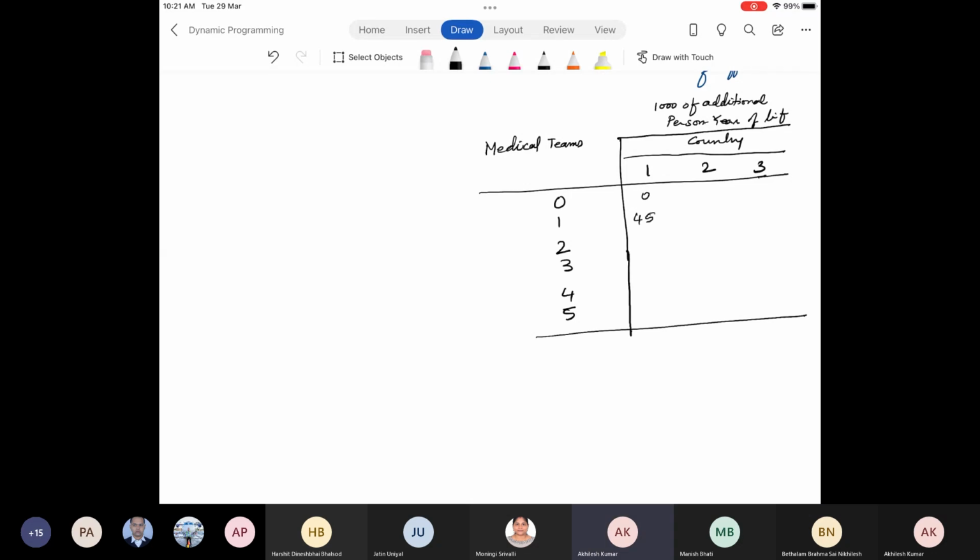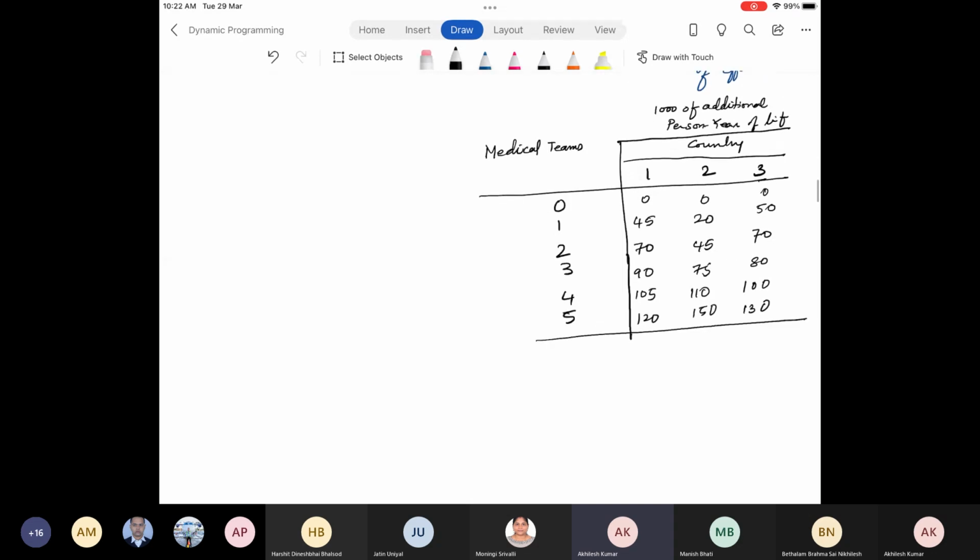The values are 0, 45, 70, 90, 105, 120; 0, 20, 45, 75, 110, 150; 0, 50, 70, 80, 100, 130. So first note down this data and then I will tell you the context in which we are solving this problem.